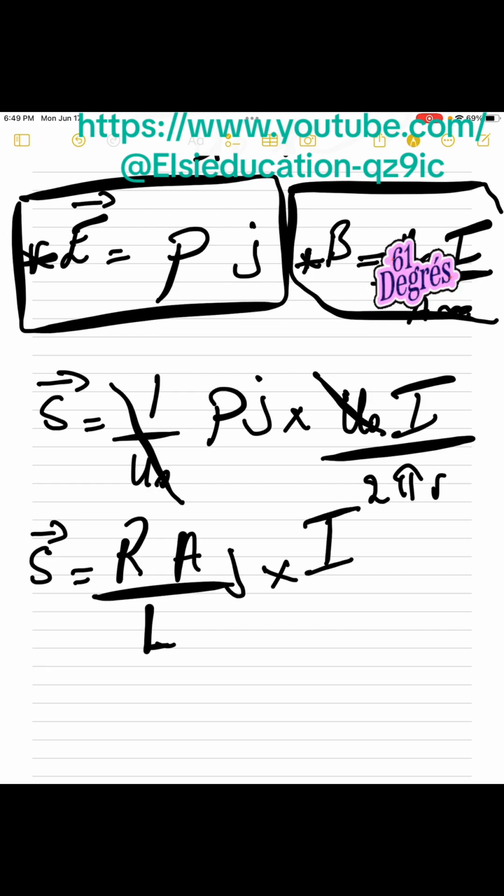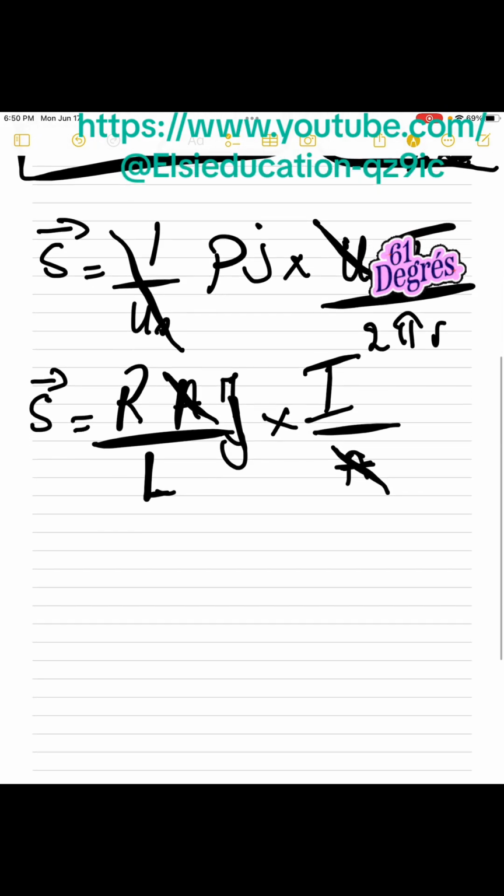Actually, don't forget, multiplied by the current density, multiplied by the current divided by the area. So the area will cancel out on this side.